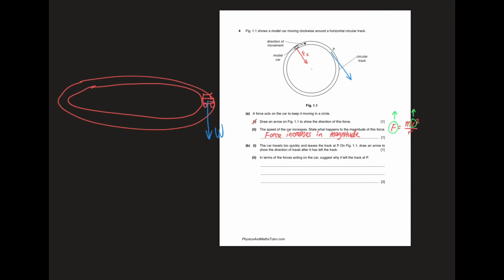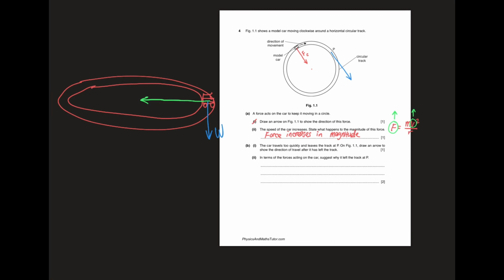The weight is acting this way. The weight is acting down. Okay, it's acting down. So centripetal force must act in this way. Centripetal force is acting in that particular way, which is acting towards the center of the circle.